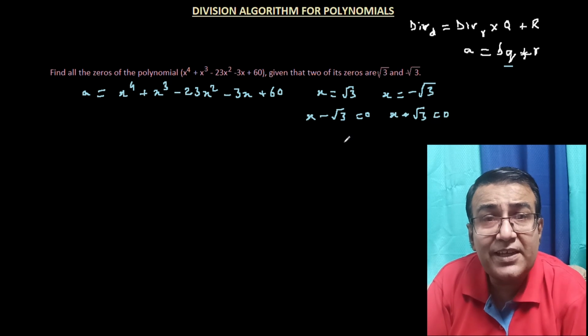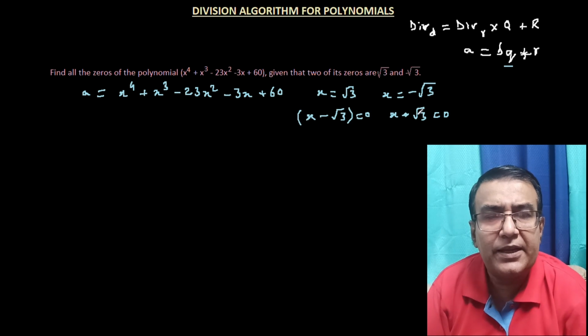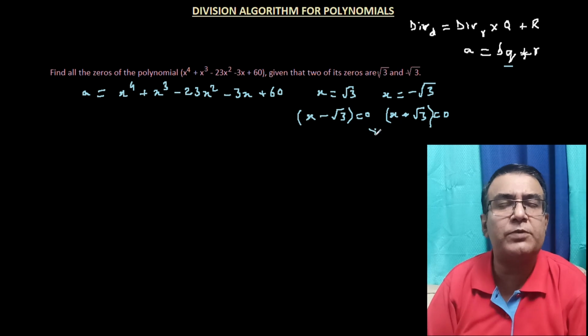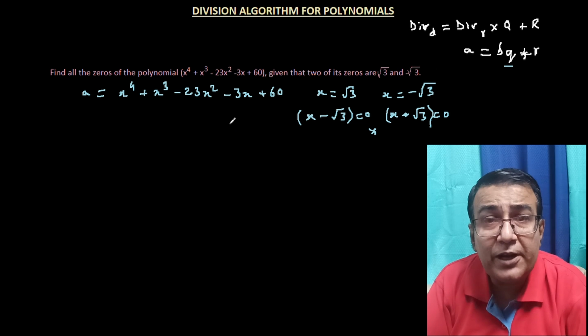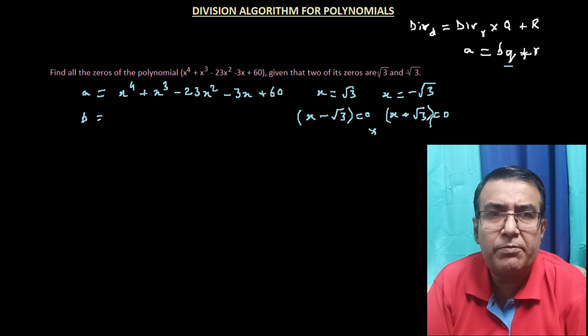Now since both these are equal to 0, that means these are the factors of the polynomial. And if these two are the factors of the given polynomial, then the product of these two will also be a factor of the polynomial. And if we find the product of these two, it will give us our divisor, which is equal to b. So we can say that b will then be equal to this multiplied by this.